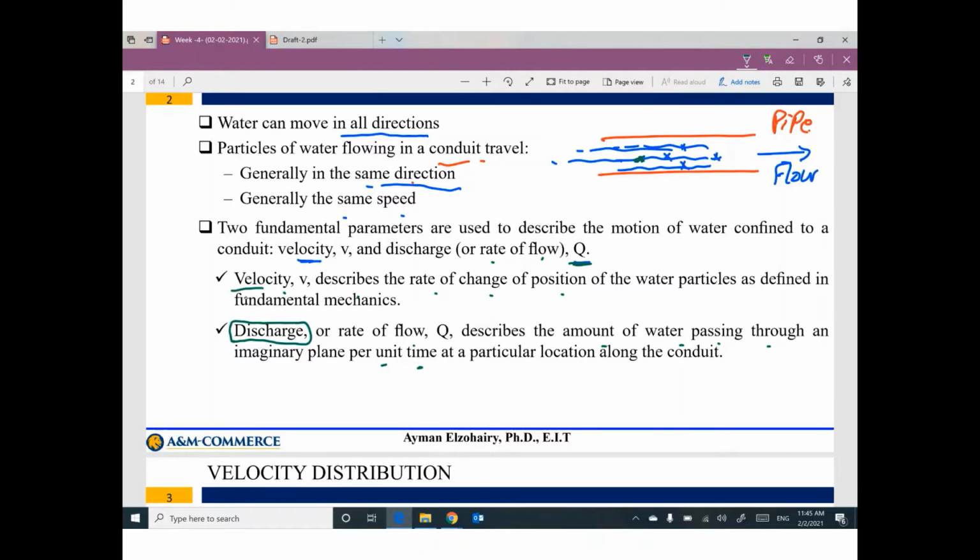This is the meaning of velocity. How to calculate discharge? How to measure velocity? We will cover these later. But you have to remember, velocity is the rate of change of position. Discharge is the amount of water passing through a plane per unit time.